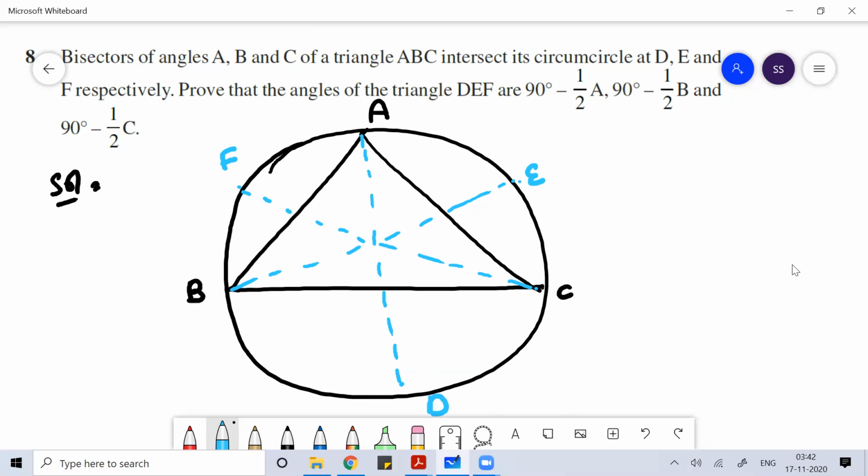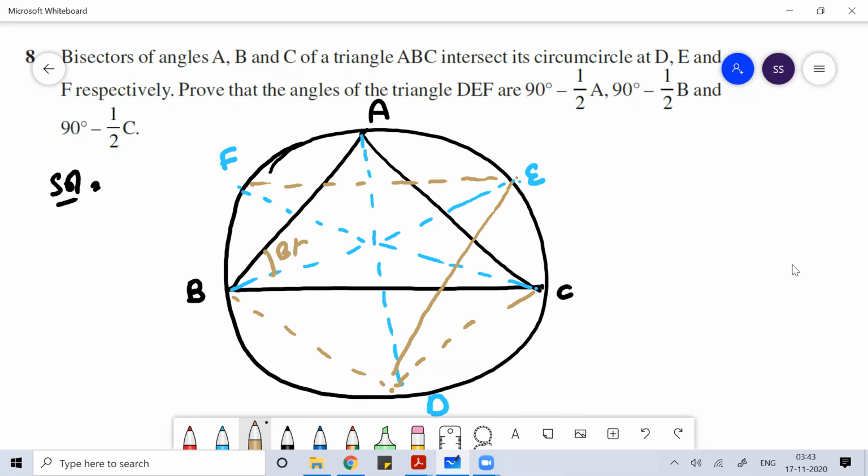Okay, so this is the case. Prove that angle DEF.